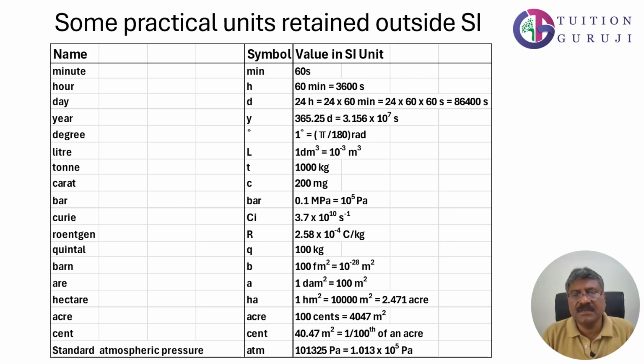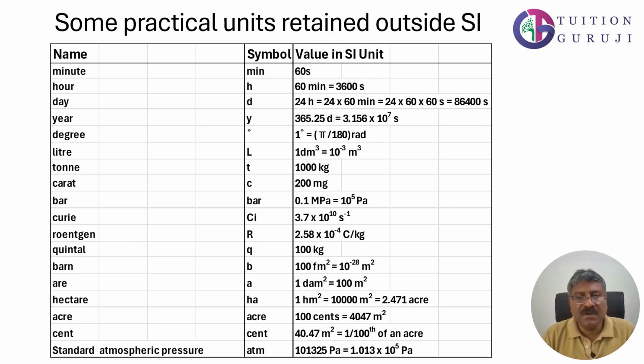Now let us see some practical units written outside SI. So we know 1 minute is 60 seconds and 1 hour is 60 minutes × 60 seconds, that is 3600 seconds. 1 day is 24 hours and 1 year is equal to 365.25 days, which is equal to 3.156 × 10^7 seconds. 1 degree is pi by 180 radians, because the maximum angle that can be subtended at the center of a circle is 360 degrees, which is equal to 2 pi radians.